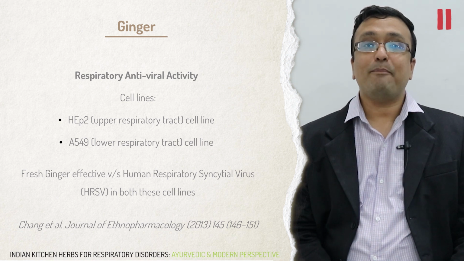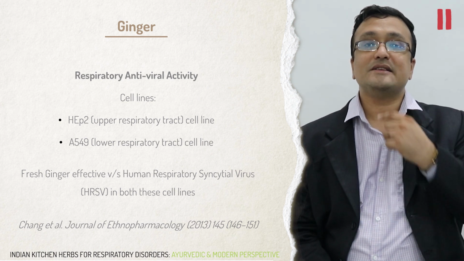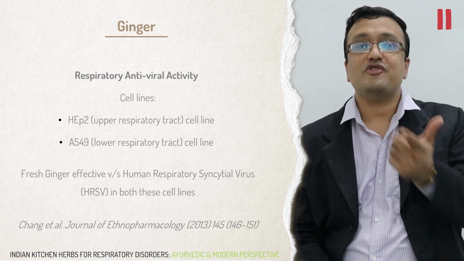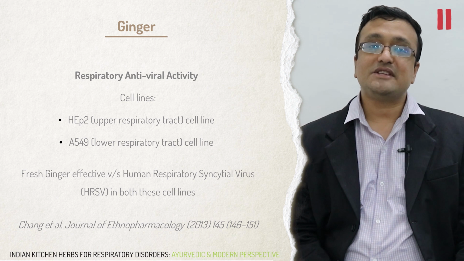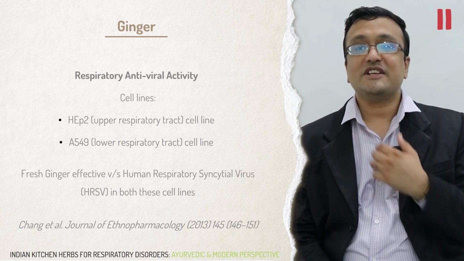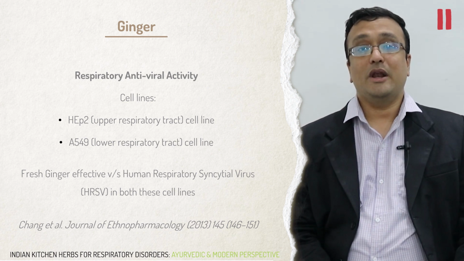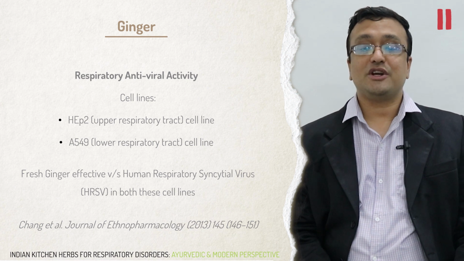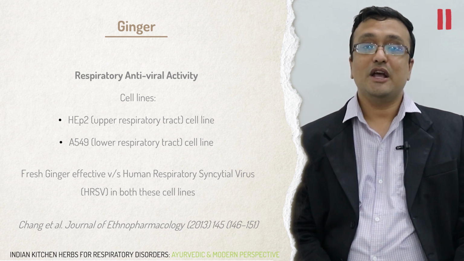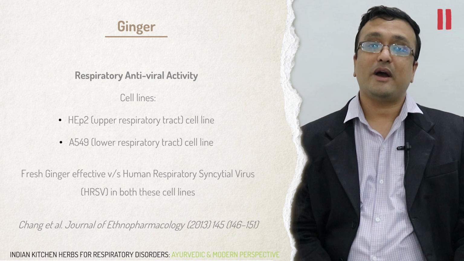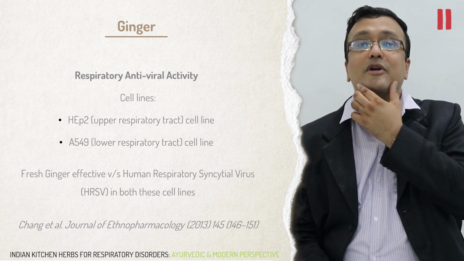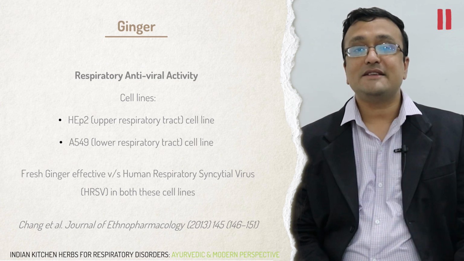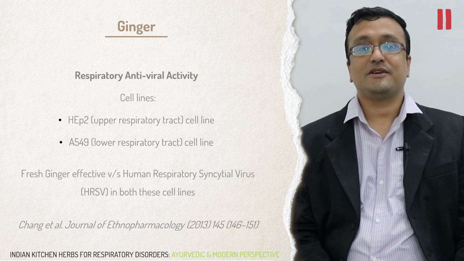One is HEP2, which is the cell line of the upper respiratory tract, and the other one is A549, which is the cell line of the lower respiratory tract. It was found that fresh ginger was effective against the human respiratory syncytial virus in both these cell lines, that is the upper respiratory tract as well as the lower respiratory tract.